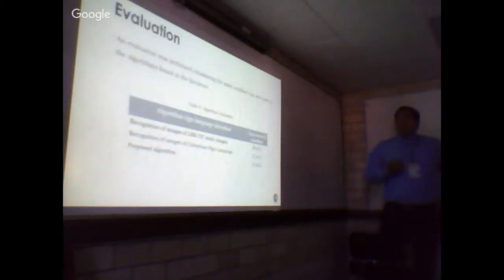The evaluation of my work: on the left, Table 5 shows the recognition of images of LSM static images, 20 of 21, recognition of images of Colombian Sign Language, 22 of 23, and the proposed algorithm, 21 of 21.